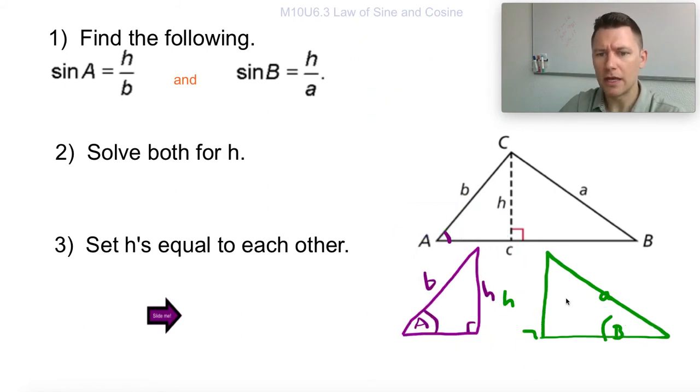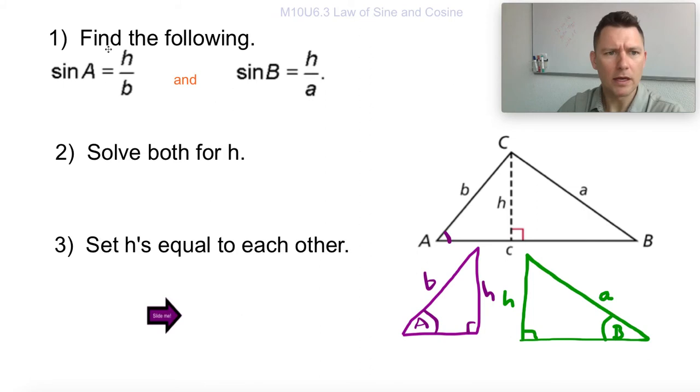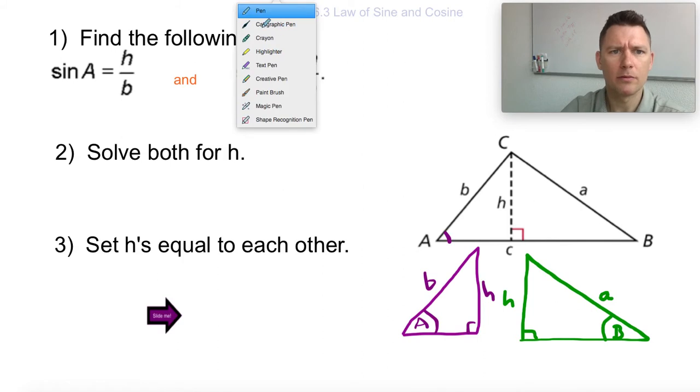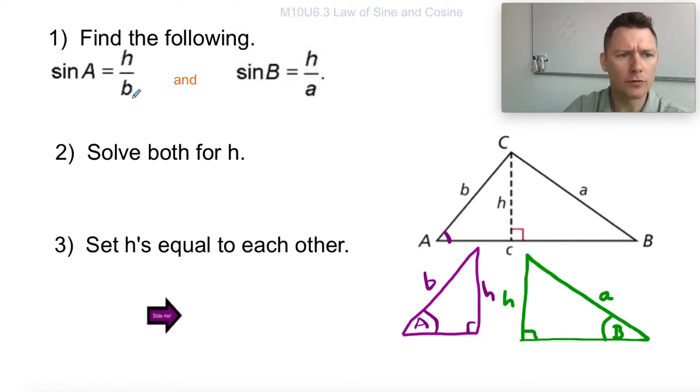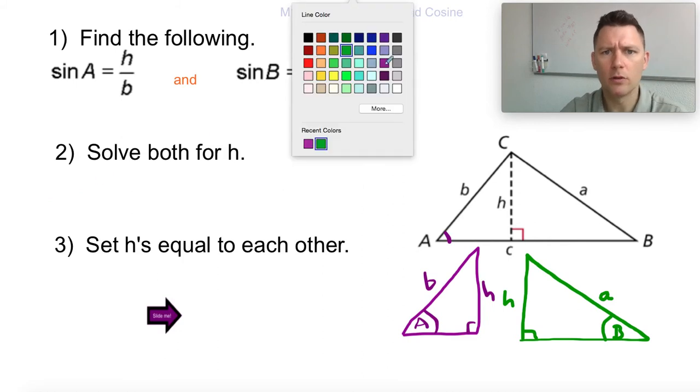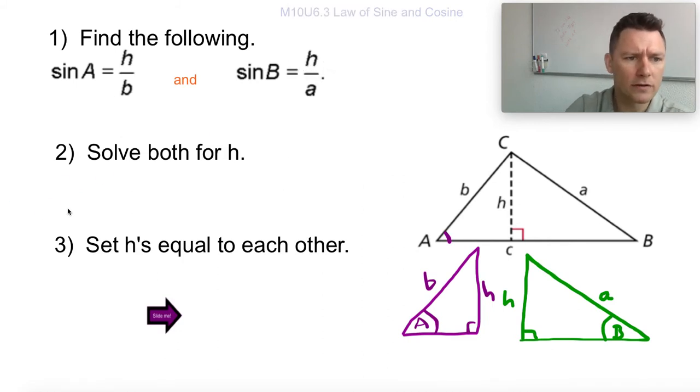So if you take this and solve for H, let's do it in purple. You get H is really just B times sine of A, right?